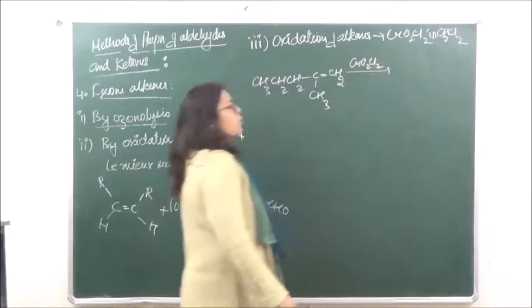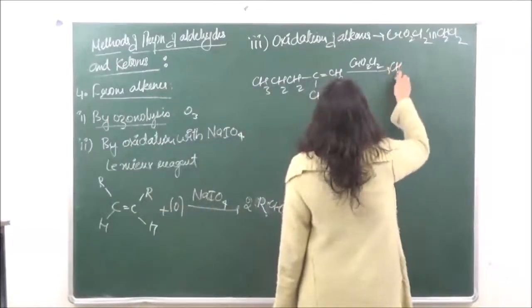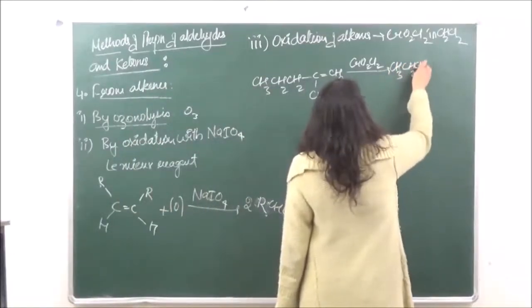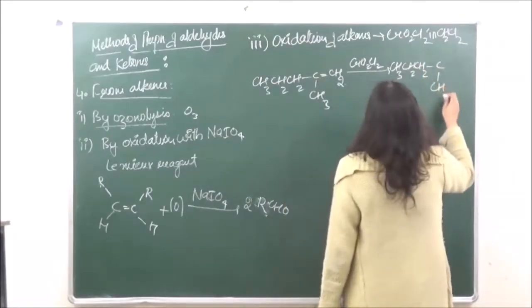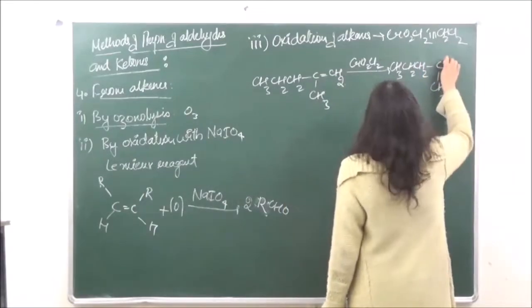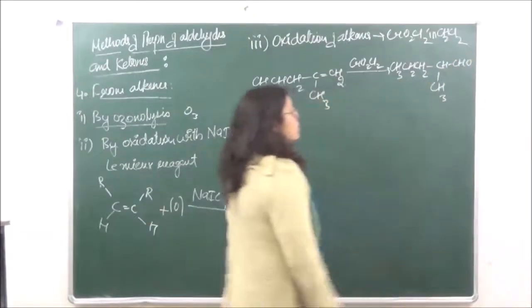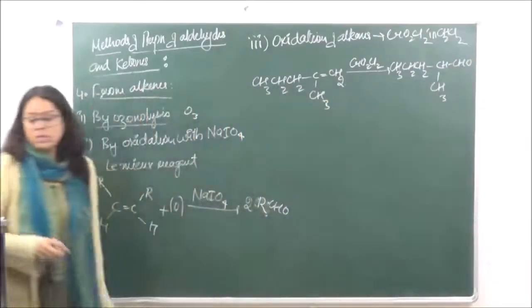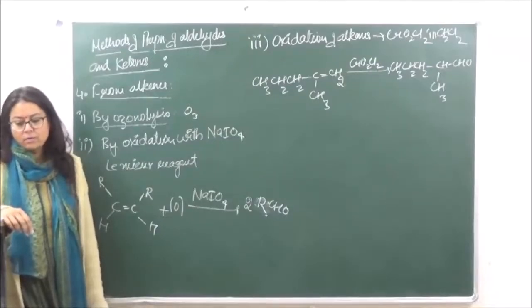So we're taking CrO2Cl2. This is going to be converted into CHO. This is the compound which we are going to get, 2-methyl pentanal.